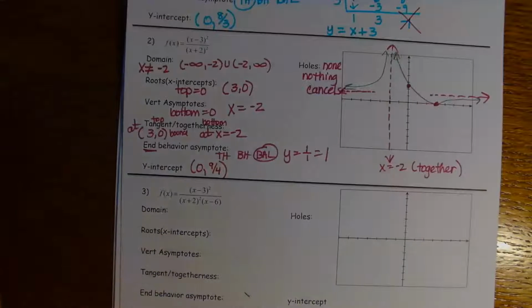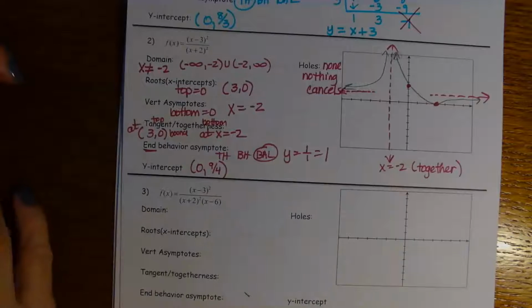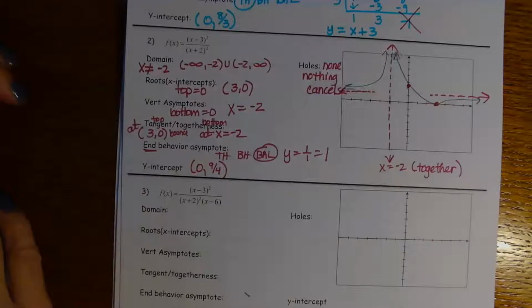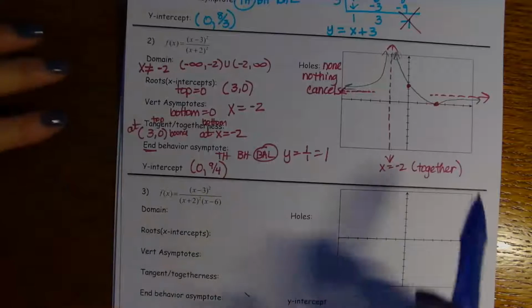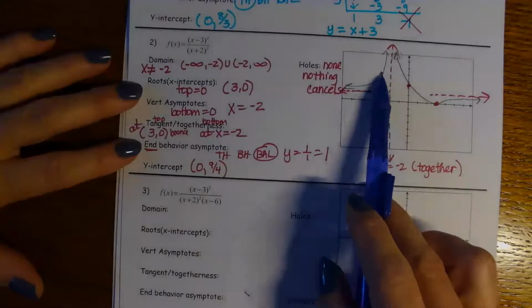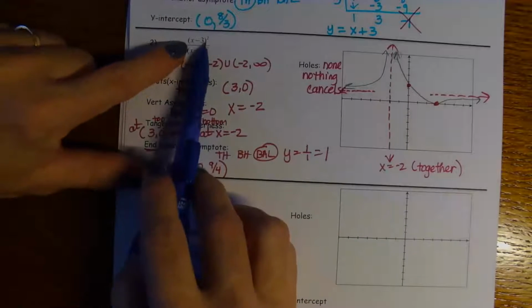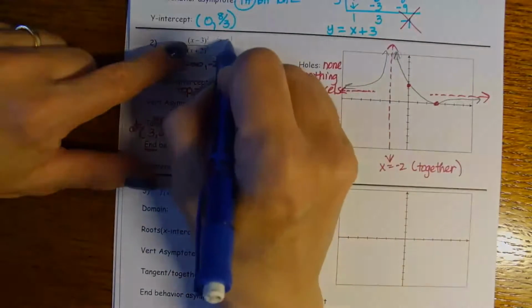Now, if I get nervous and I'm like, yeah, I'm not really sure, what's my backup plan? I can plug in points. I can say, well, I don't know. Over here at 1, 2, -3, is it positive or negative? I could plug. But what do you notice about this? The top is squared. So what's the end result of the top always? Positive.